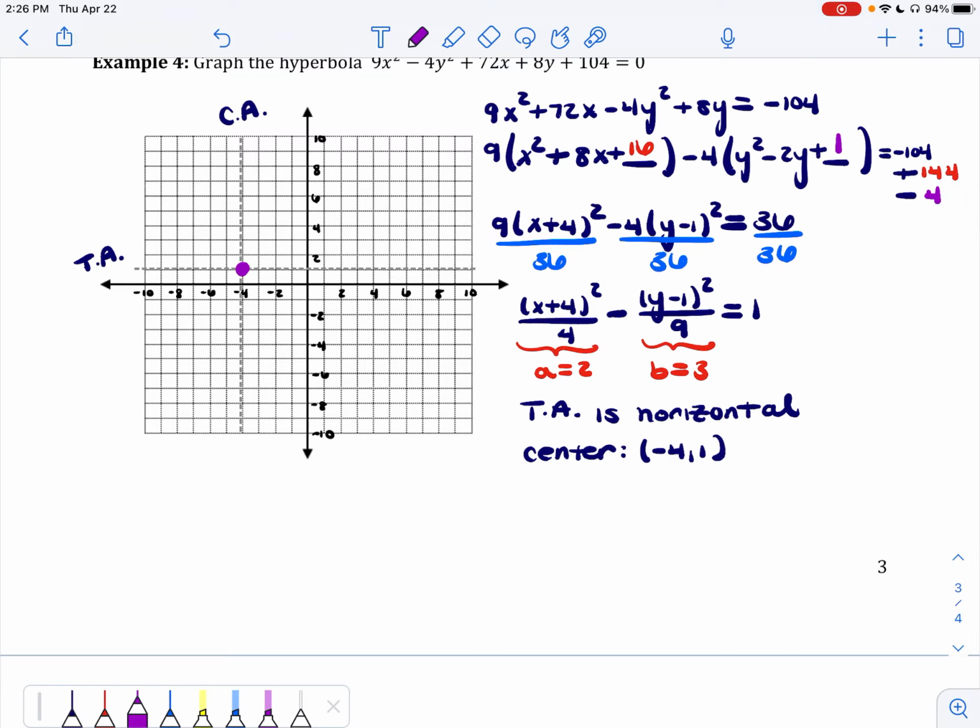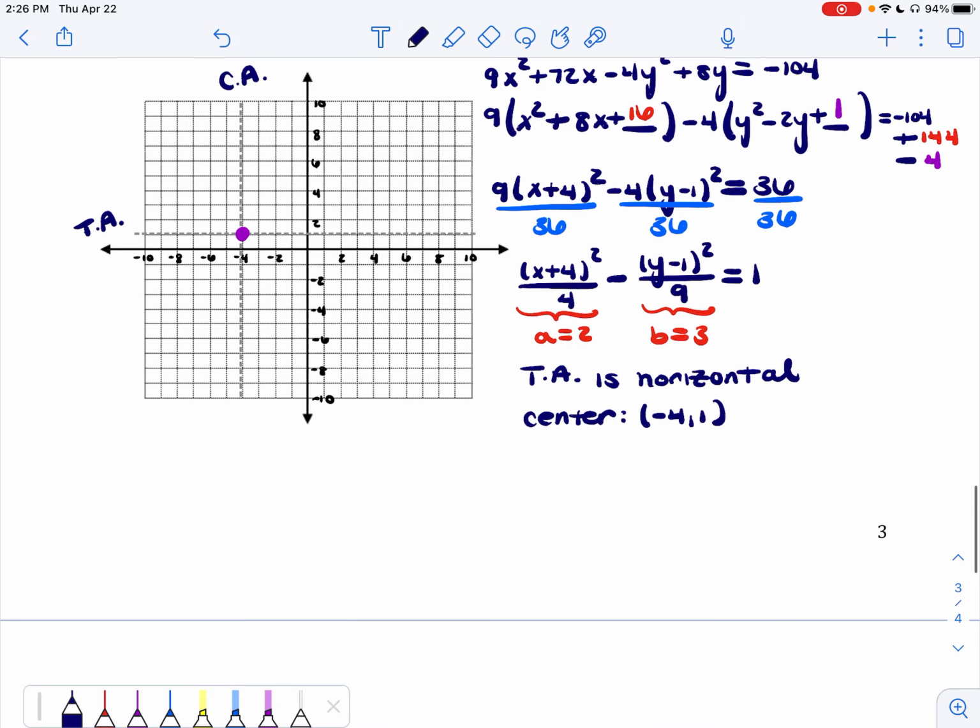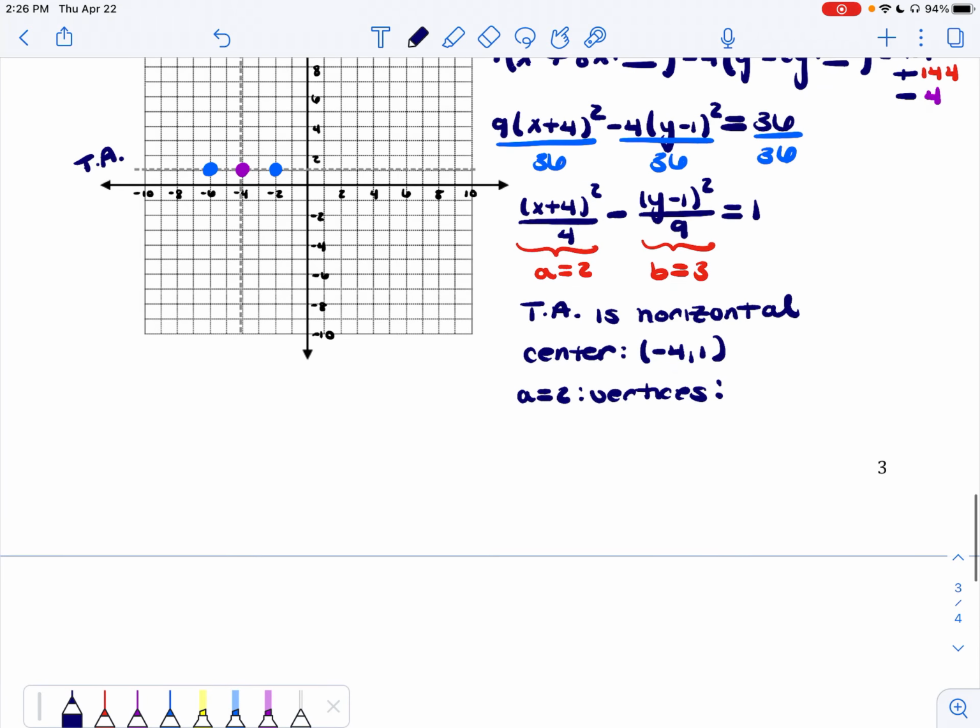Next, from our a value, we can find the vertices. So just from the center, we're going to go 2 units right and 2 units left to get our vertices. Those are going to be at -6, 1 and -2, 1.